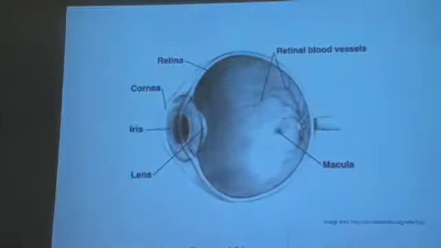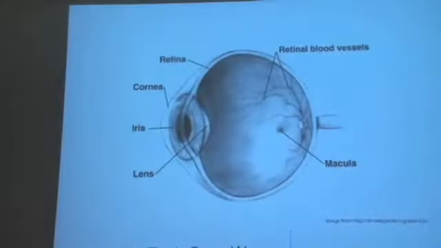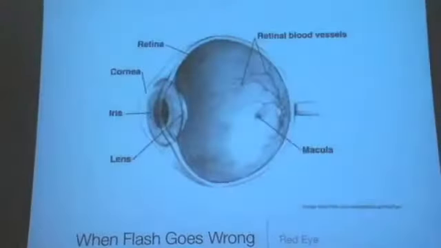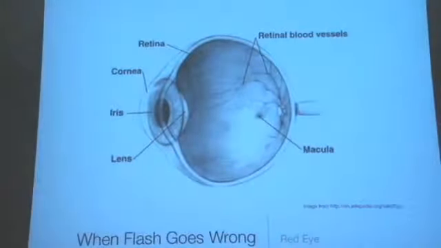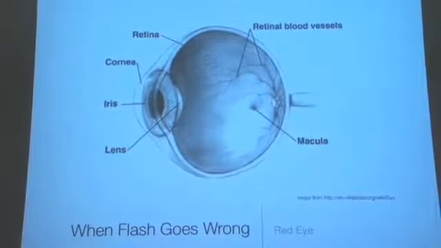And the back of our eye is actually red in color, and so that's why it looks red here, in that the flash is just reflecting directly off the back of the eye. It reflects off the retina and it looks bad and red.